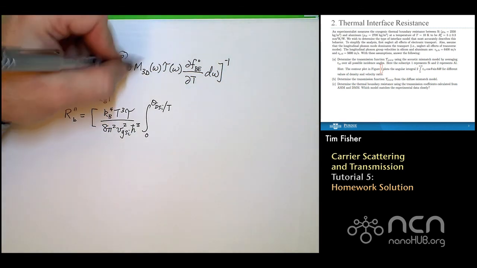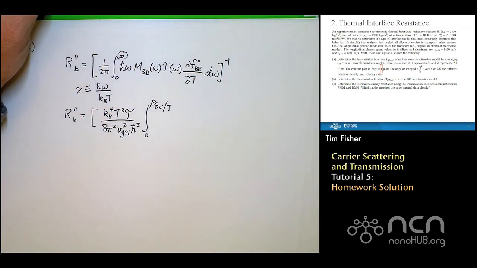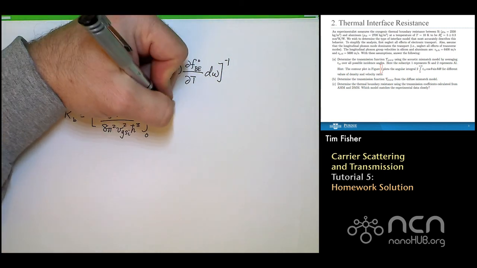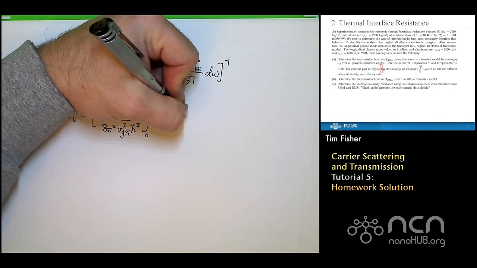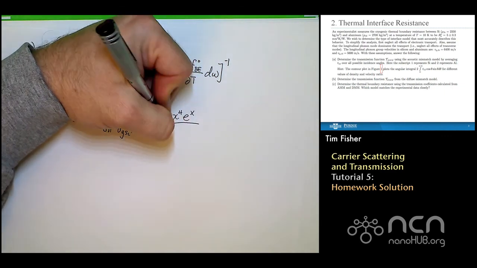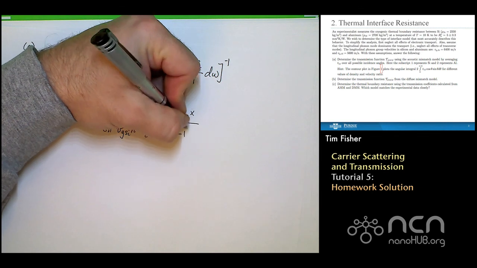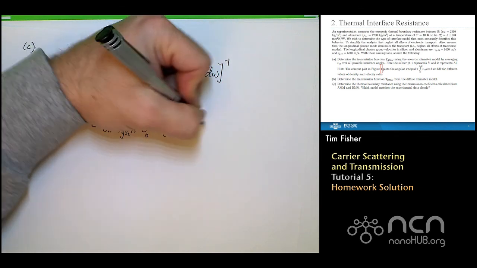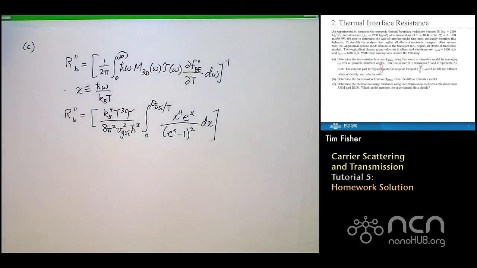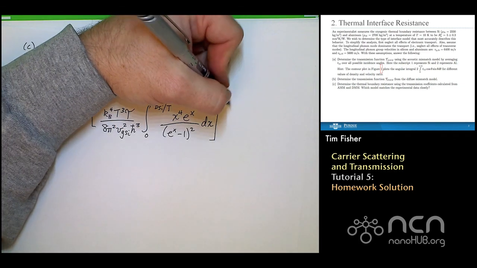What happens is the number of modes will only go up to the top of the Debye frequency, and thereafter it's 0. And so that's how we switch that limit of integration. The rest of the terms inside the integral can be expressed in terms of x. This comes from some things we've done before in expanding that temperature derivative of the distribution function.